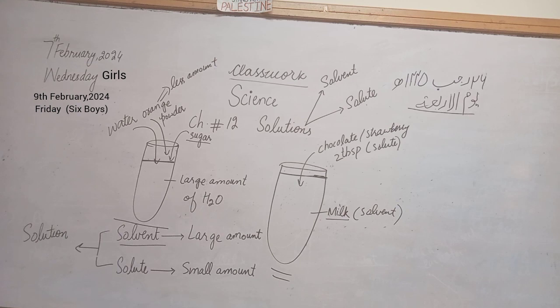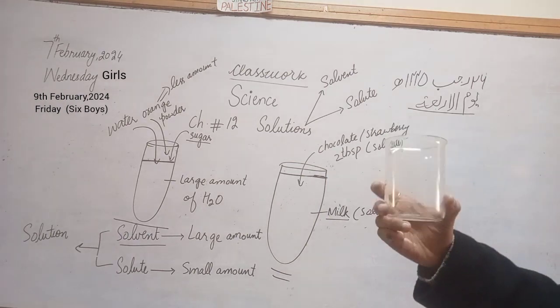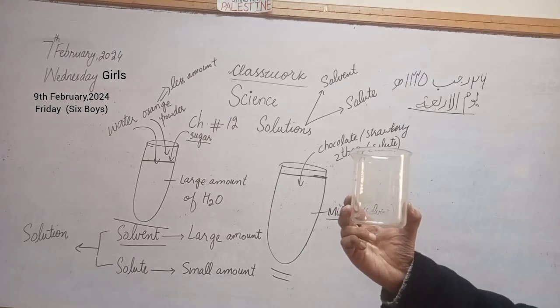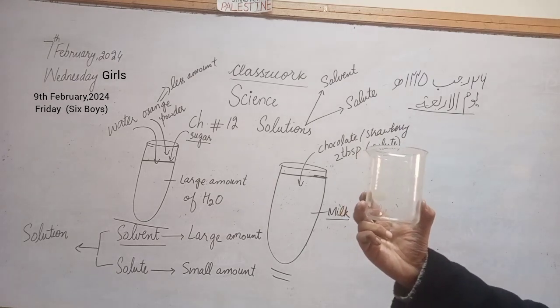We will make two solutions. Okay? We will perform the activity. When you will come back for physical classes, we will also do again. Okay, what is this? It is the measuring cylinder. Okay?